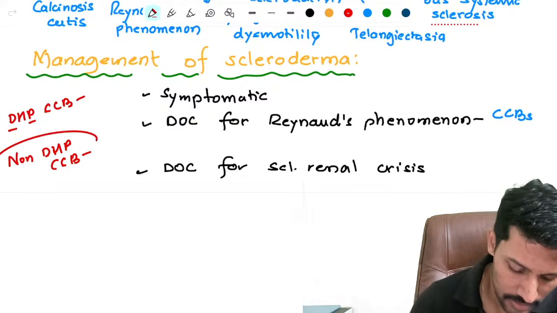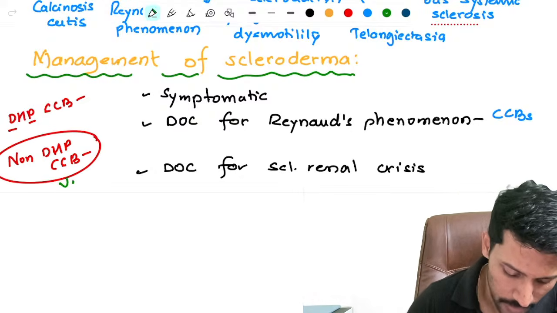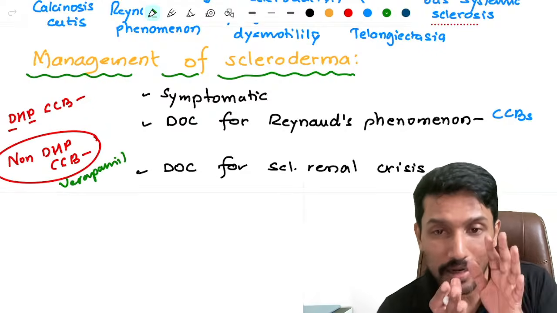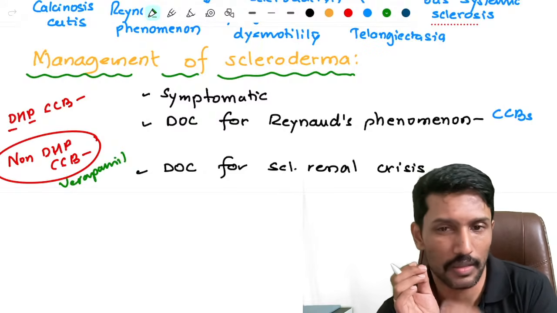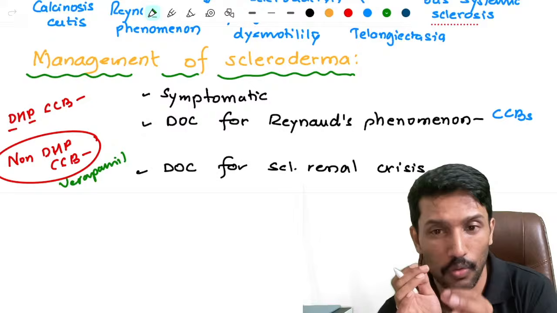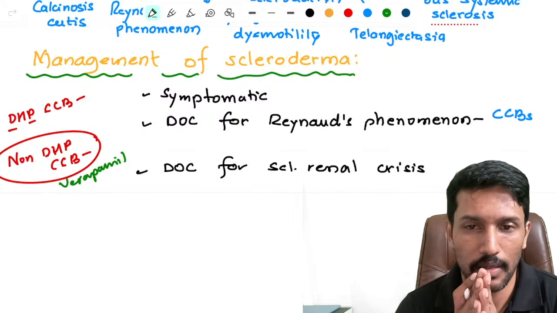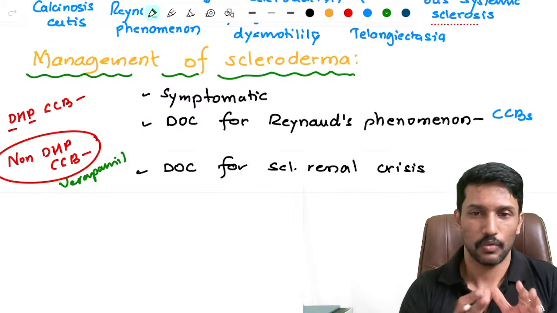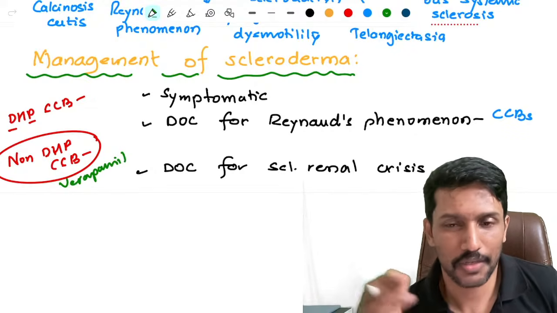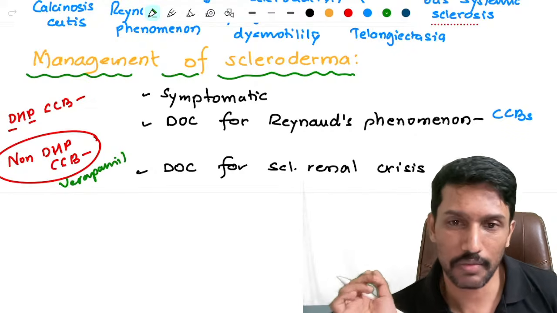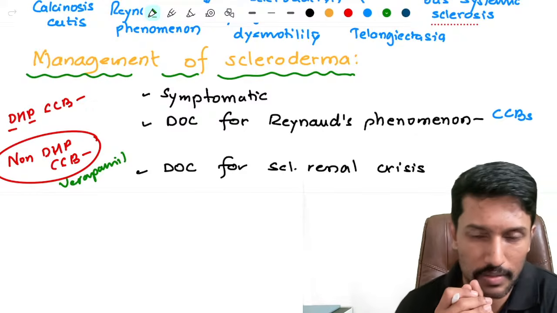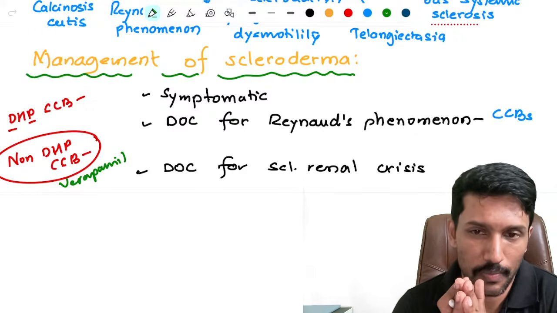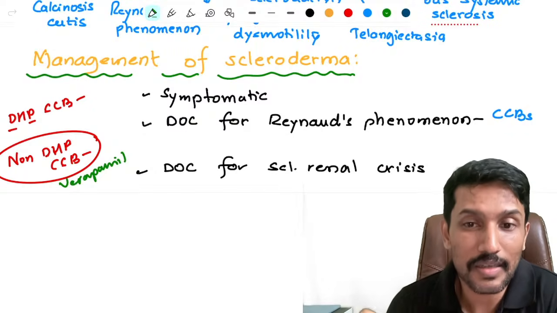On the other hand, non-DHPs like verapamil or diltiazem, in addition to causing vasodilatation, have an action on the AV node and SA node. They can block AV nodal and SA nodal activity. And in a normal person who has no abnormality of cardiac conduction, I do not want to unnecessarily block the AV node. If I have some supraventricular arrhythmias, like PSVT, in those cases, yes, I might consider these drugs.